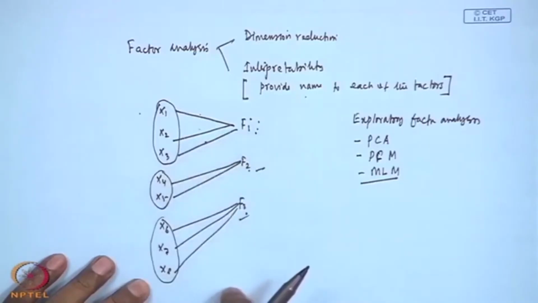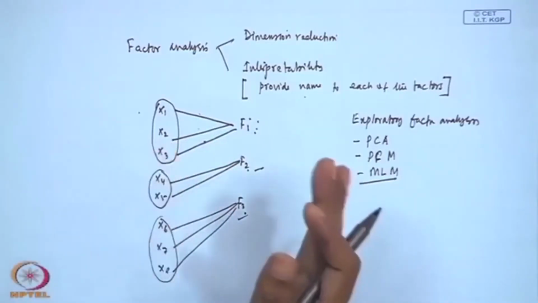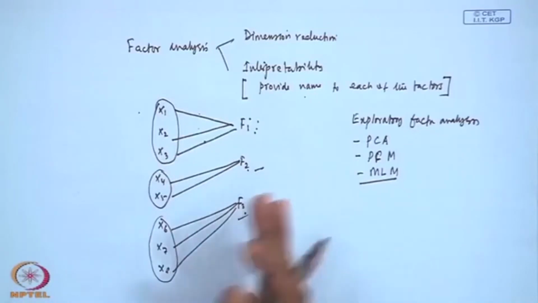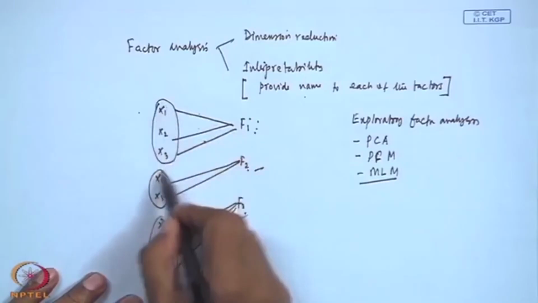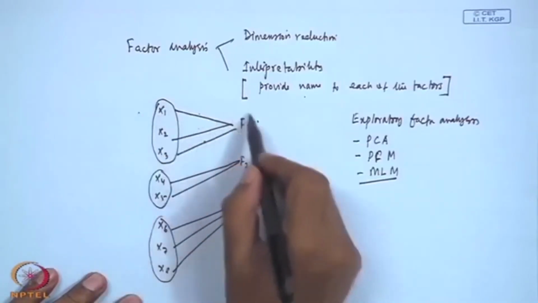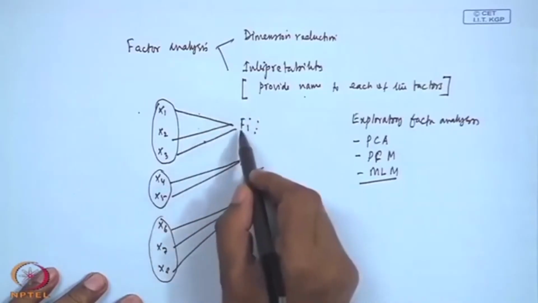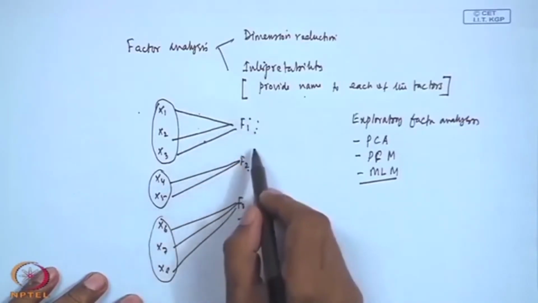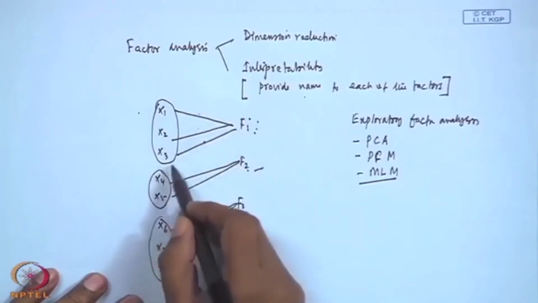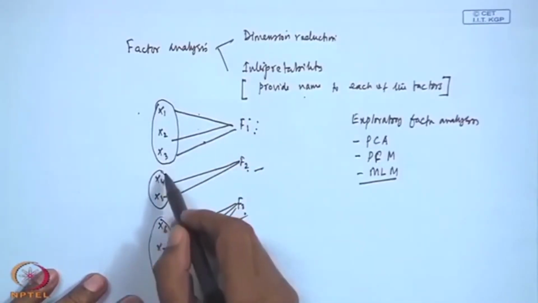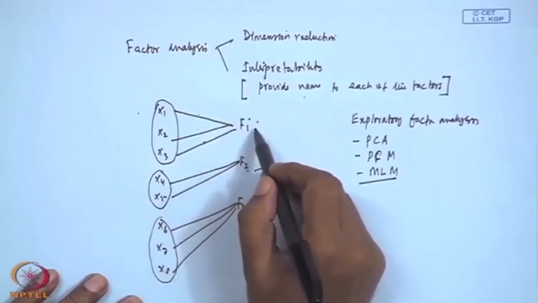Under such a situation, it is desirable to rotate the factors in such a manner that the loading of some of the variables on a particular factor, say F1, will be maximum, whereas the loading of the other variables will be minimum.